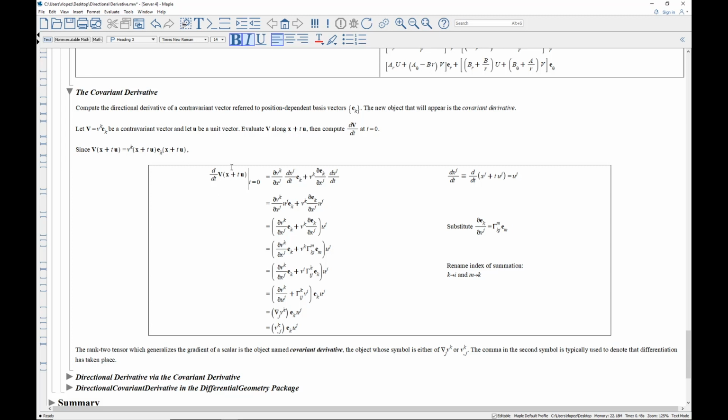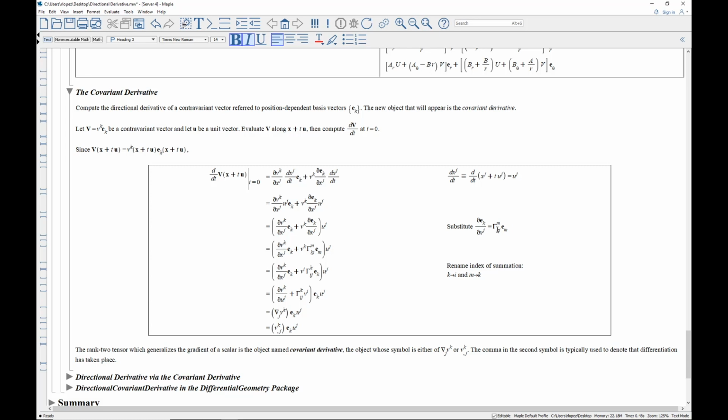When you take the derivative, set it equal to 0, you are taking the derivative of a product. So this is the derivative. These two things make up the derivative of the component times the basis vector. And here you are differentiating the basis vector. And the secret of all of this differential geometry stuff is that the derivative of the basis vector can be expressed as a linear combination of the basis vectors.